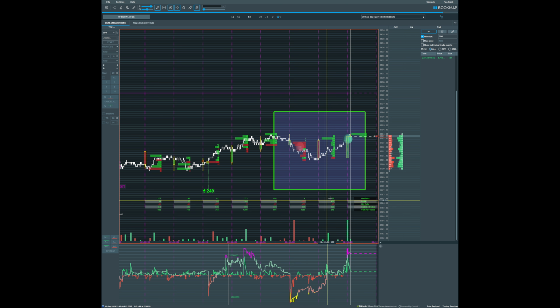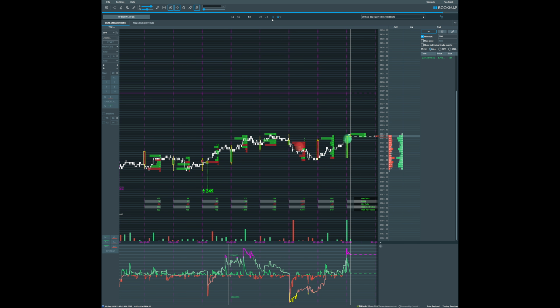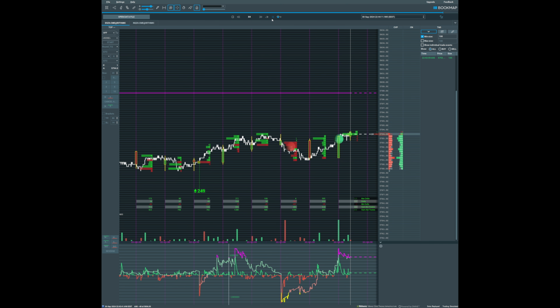I have a huge max delta, which is higher than the minimum delta. You see? And the volume profile is green, everything green. So in this area buyers have control. And look what I did.